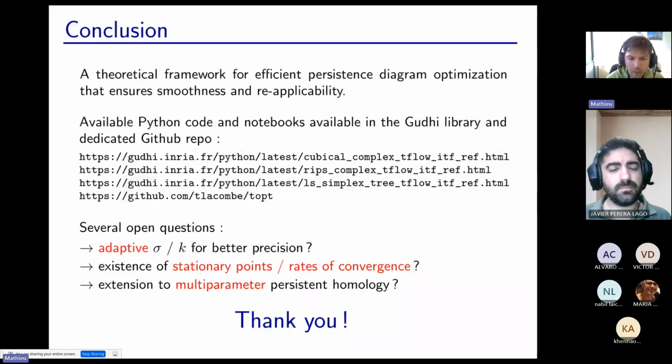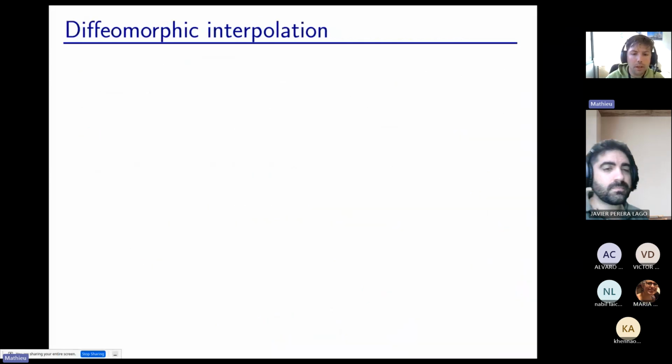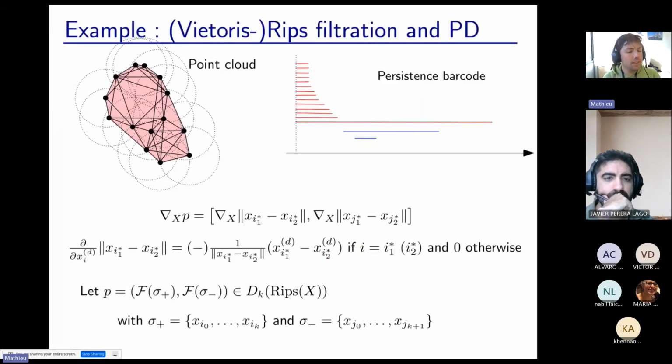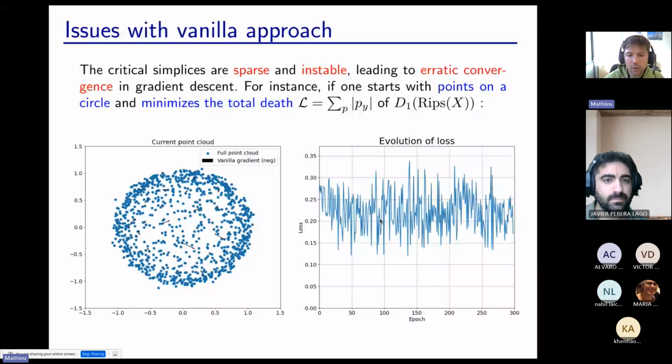I mostly spoke about Vietoris-Rips because eventually what I want to do is extend the gradient, and for now it makes the most sense when you have a filtration on a point cloud, like Vietoris-Rips or alpha filtration or Čech. But if you give me something different than a point cloud with an arbitrary filtration function, I guess we can develop a similar strategy, extending gradient like that with a diffeomorphism.